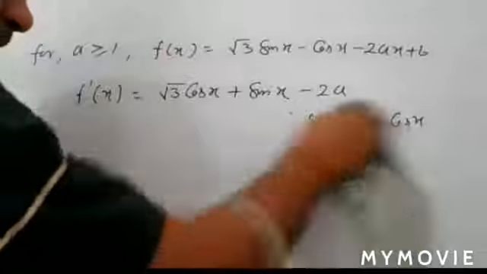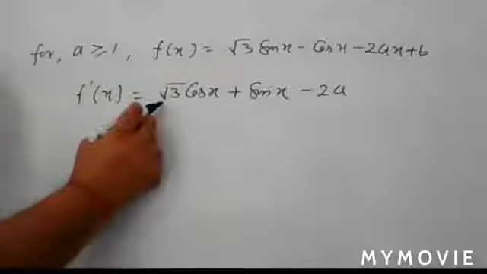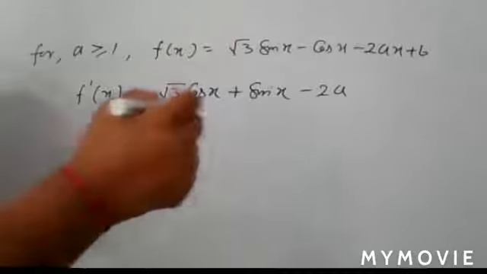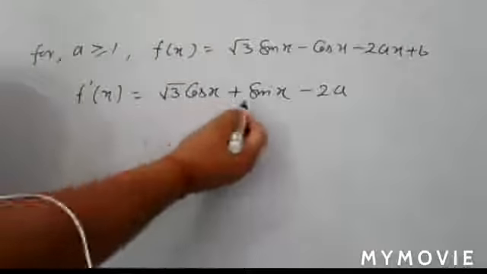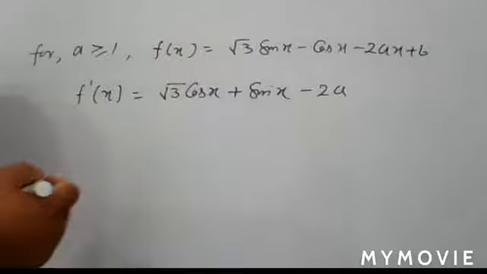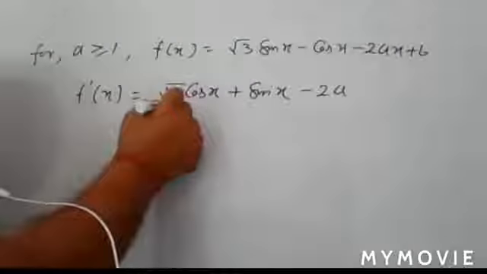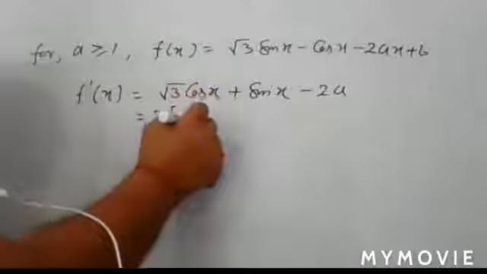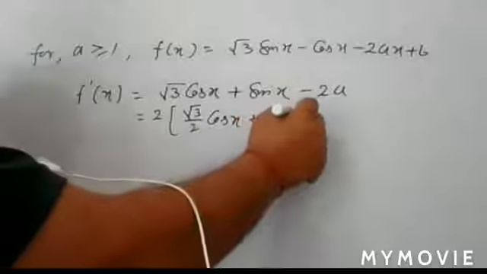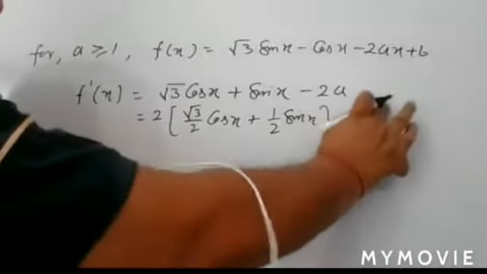Understand? So if you apply here the same concept, here you have root 3. So you have to take within root, square of root 3 plus square of 1, which is 4, means 2. So here you divide and multiply by 2. So 2 into root 3 by 2 of cos x plus 1 by 2 of sin x, and here you write minus 2a.